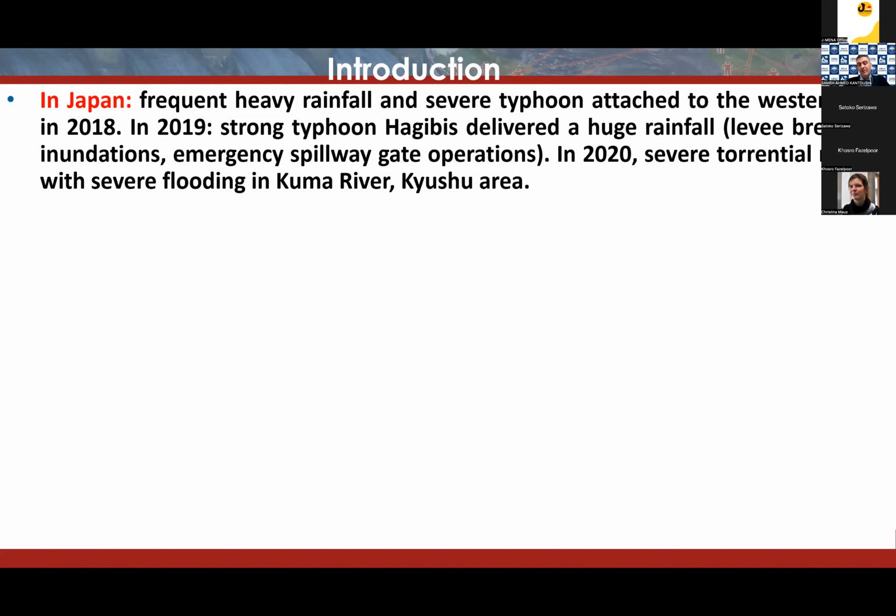Many embankments of the river, we call it levee breach, and inundation, means flooding, where water exists in the area where it should not be, and emergency spillway gate operation, which you saw in the first movie. 2020 also severe rainfall with severe flooding in Kuma River and Kyushu area, where J-MENA is located at Kyushu University, and several other typhoons also in 2021 have occurred.